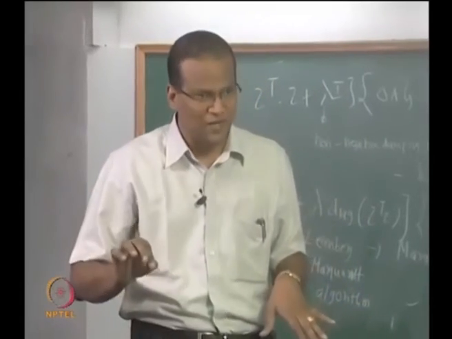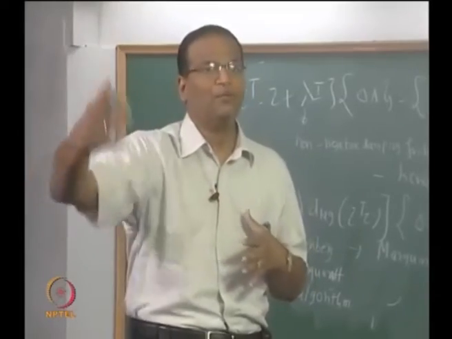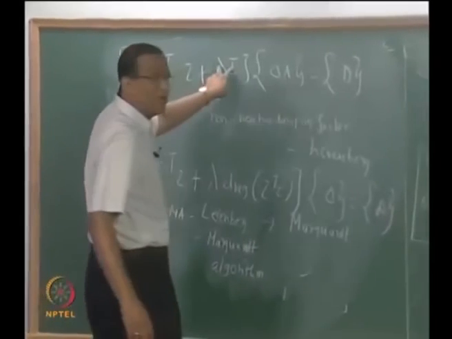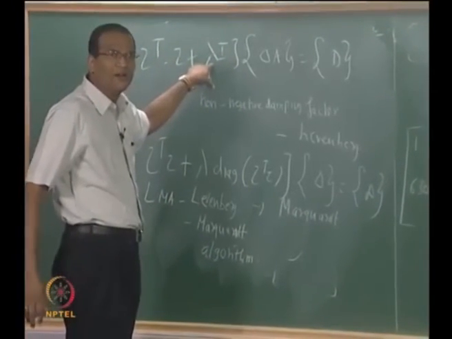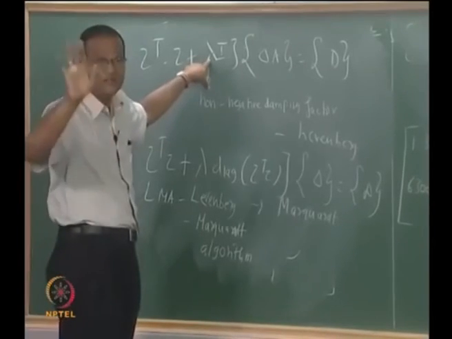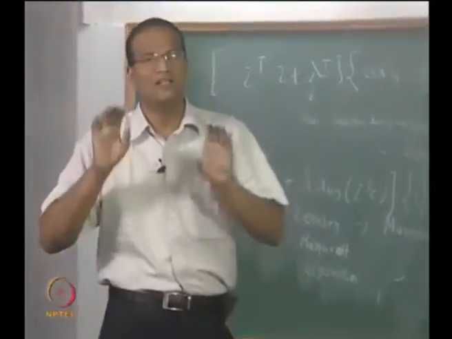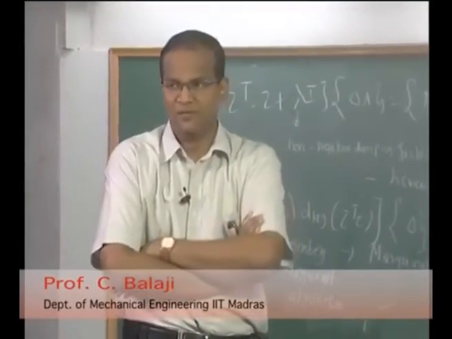If the convergence is very slow, you can put higher values of lambda. Are you getting the point? If lambda is equal to 0, it is the Gauss-Newton algorithm. If lambda is very high, it approaches the steepest descent or the steepest ascent. Do not get worried, steepest descent and ascent we will discuss when we go to optimization.